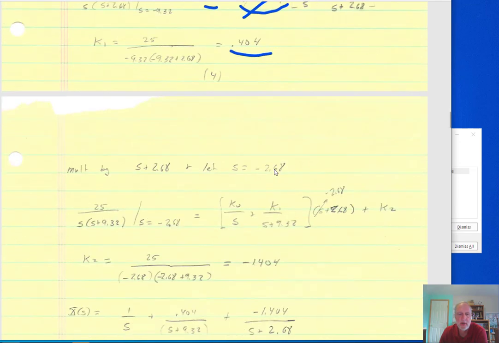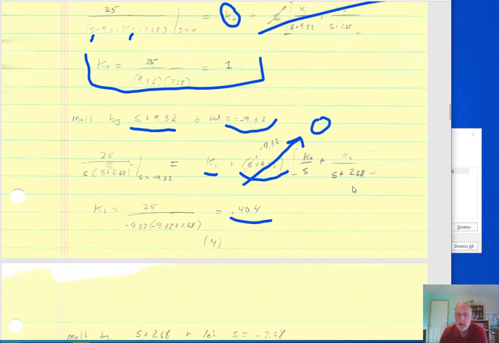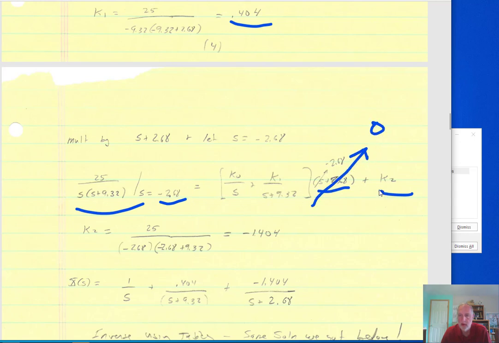Same process for the next root. Let's go up here, s plus 2.68, and multiply both sides by s plus 2.68. So you get this times this, cancels here, cancels over here. Evaluate at minus 2.68, because then that's going to knock this term out. You get k2 all by itself, and you can calculate it as minus 1.404.